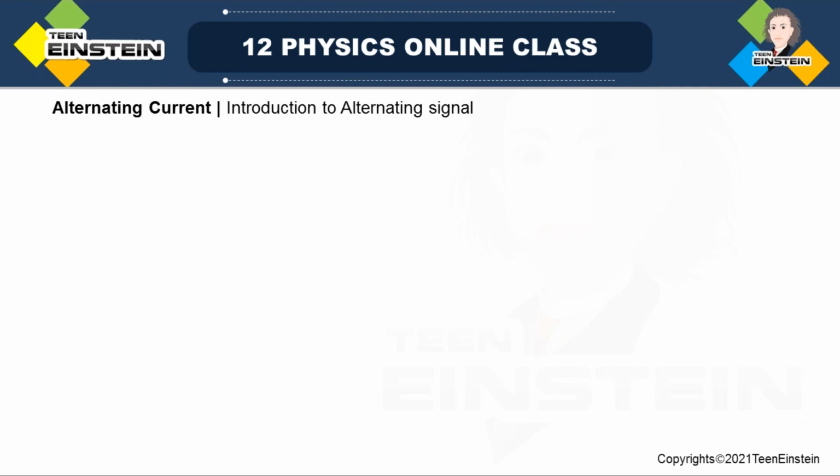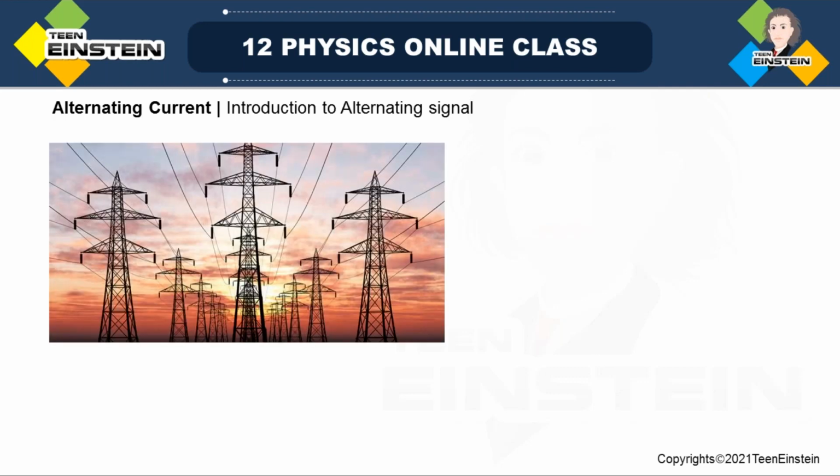Not only that, when power transmission is done from a very far power station, you can see this, it is coming from very far to your home.